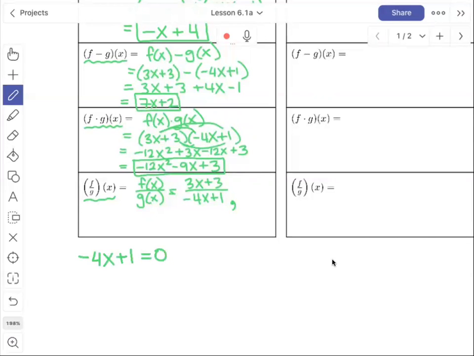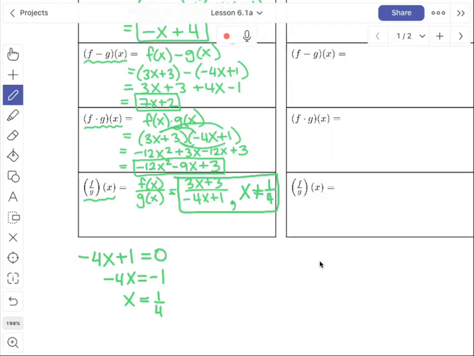Betty, go ahead and do that and tell me what you get for x. Okay, good. So we get x is 1/4 is what would make that denominator equal to 0, right? But we don't want the denominator equal to 0. So that means x cannot equal 1/4. All right, and this whole thing is now your final answer.